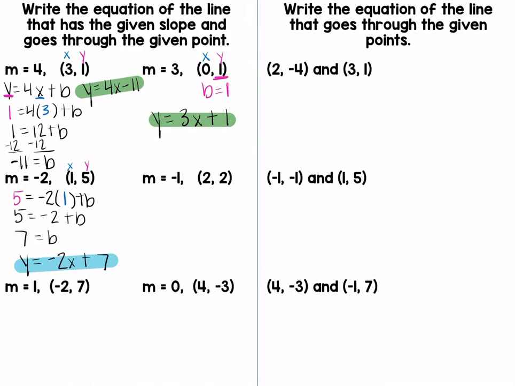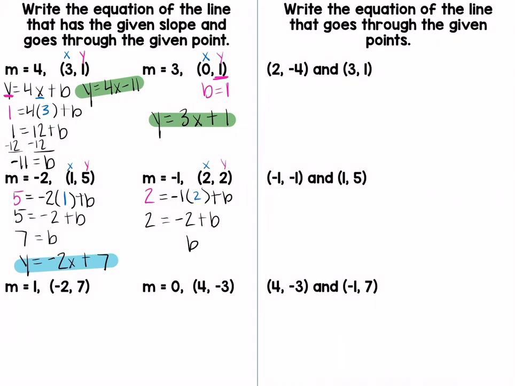Okay, so now your m is negative 1 and you're passing through 2, 2. So remember, x, y. So in your equation, y is equal to the slope, negative 1, times the x value, 2, plus b. So negative 1 times 2 is negative 2 plus b.